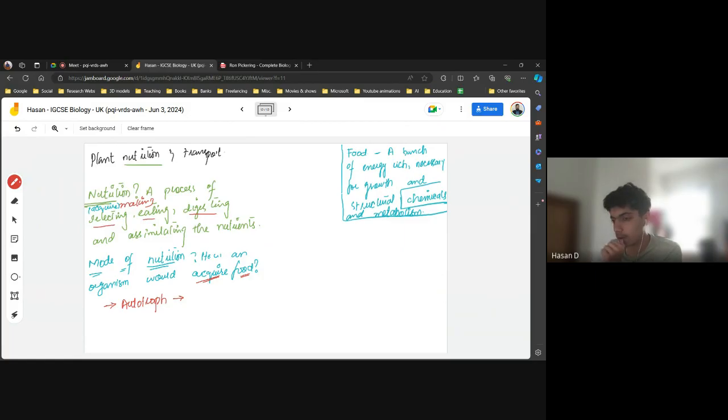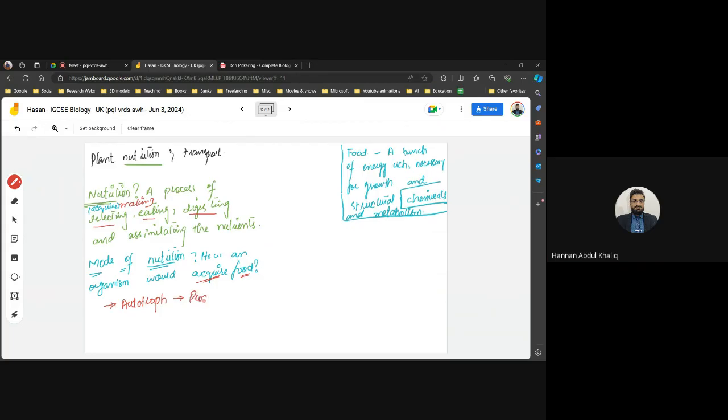I think those organisms that can produce their food using light, right? Yes, they can produce their own food.